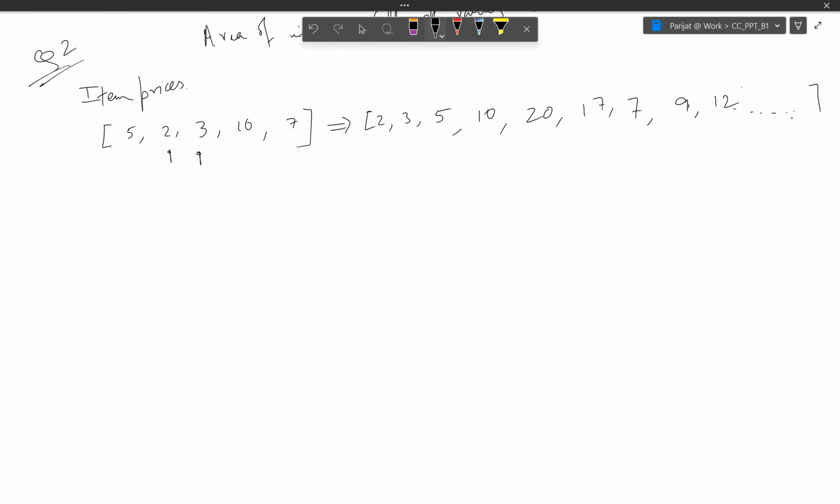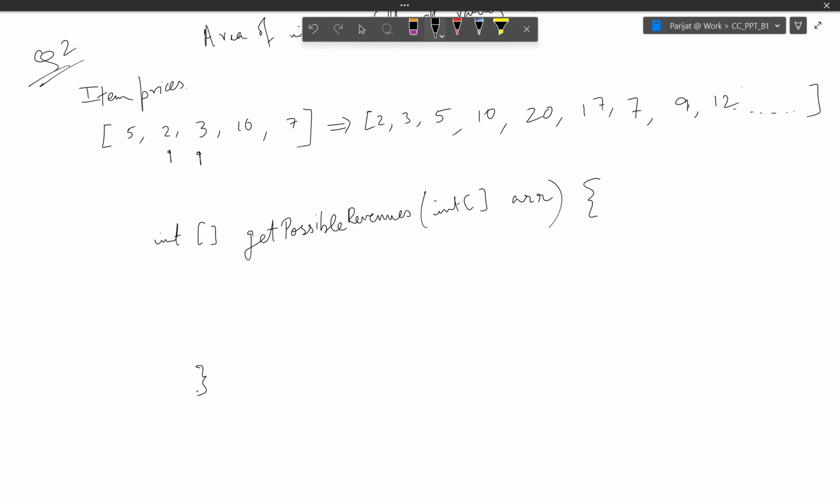So you have to figure out the different outcomes possible, and you have to return an array. Your function will look like this: get possible revenues, a function you have to implement, where the input also is an array and you have to return an array also.